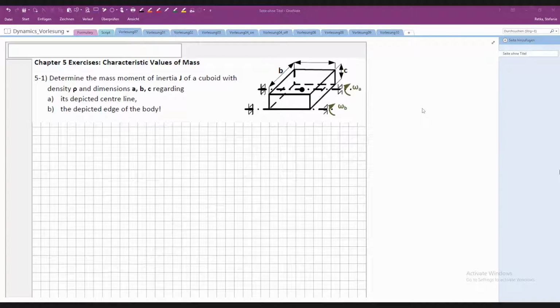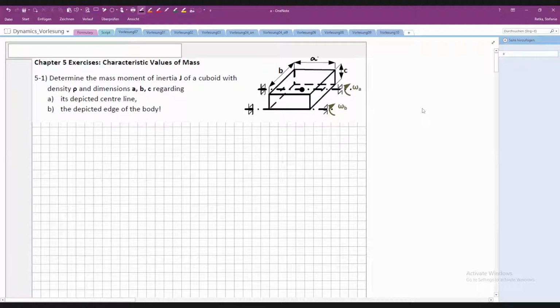What do we have? We have a box given with the dimensions A, B, and C. A has gone missing. There it is.